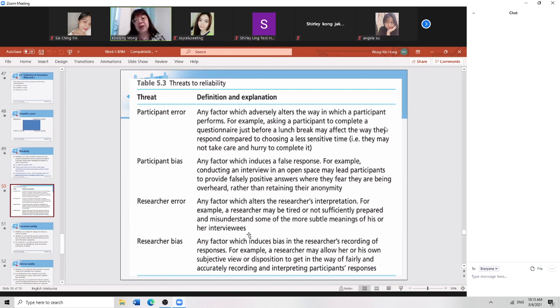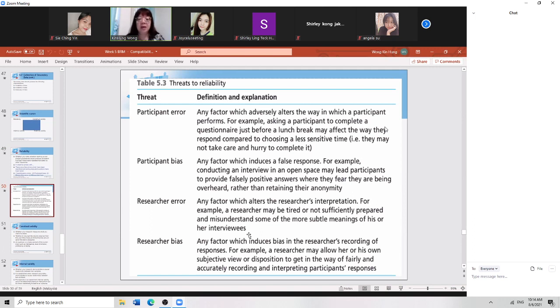Maybe also when the researcher reads the answers of the interviewee, they may not understand what the interviewee is trying to communicate. So they try to interpret it in their own way, and it may be wrong.